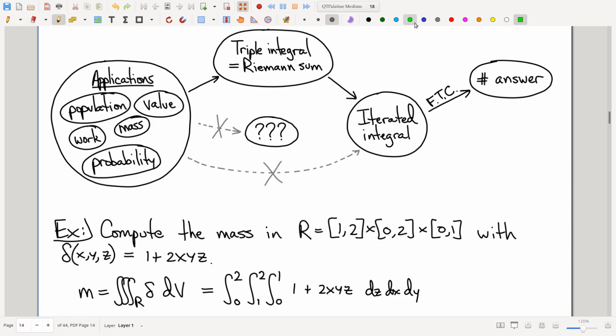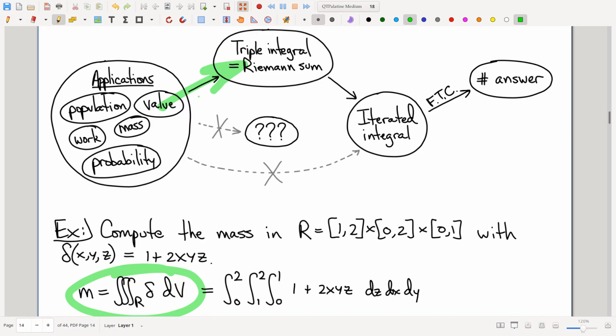We were asked here to compute the mass. Oh, whoopsie, that's too big. We're supposed to compute the mass in a rectangular box where mass per unit volume is given by that expression right there. Fine. Okay, well, first, the mass is a triple integral of density. We've already made that argument. That was our first example. Whole is the sum of the parts, et cetera.